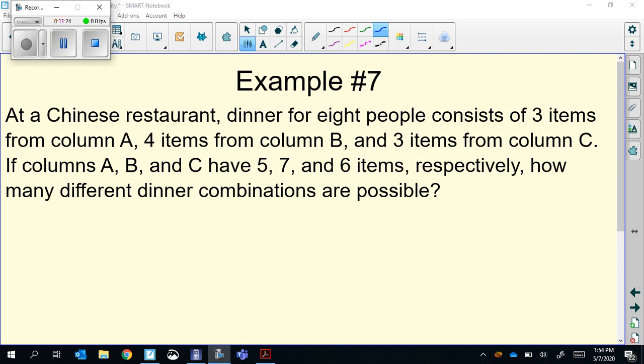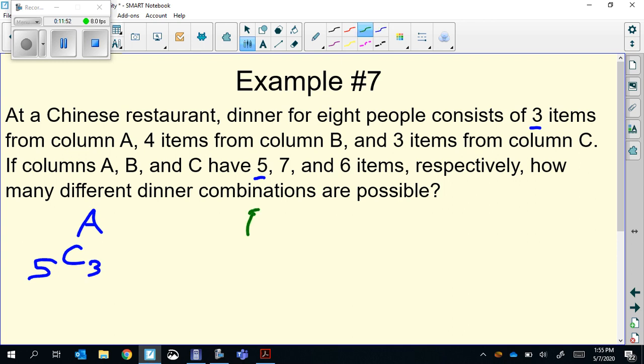At a Chinese restaurant, dinner for 8 consists of 3 items from column A, 4 items from column B, 3 items from column C, and columns A, B, and C have 5, 7, and 6 items respectively. So for column A, we have 5 choices, and we get to pick 3 of them. Again, order doesn't matter because it's just what they're going to bring to your table.